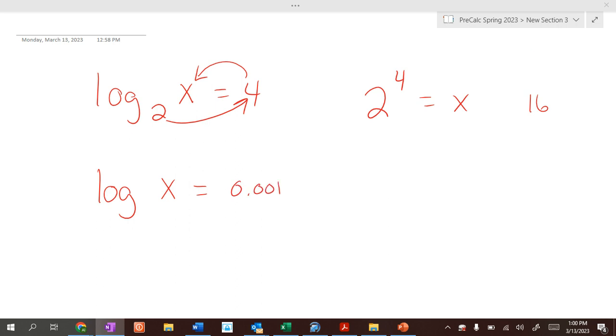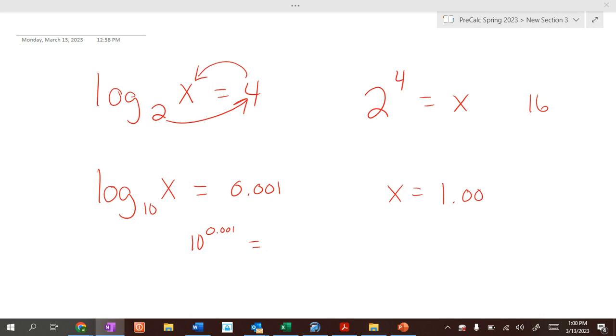Log of x equals 0.001. What's x? Well, what's our base here? 10. So 10 to the 0.001 power is what? Somebody, calculator. It's 1.00 something, right?